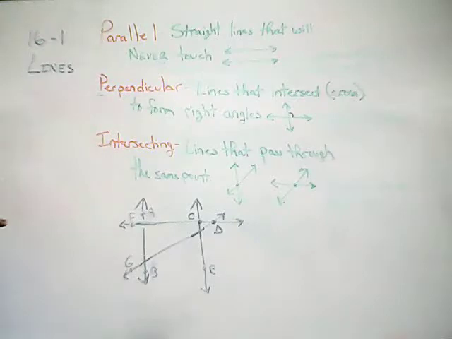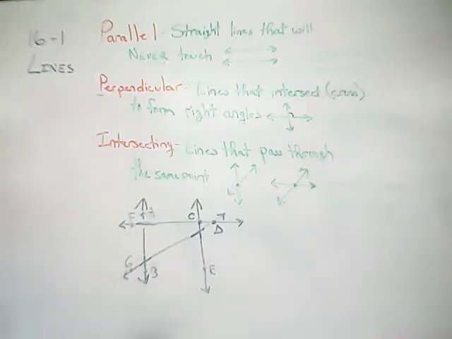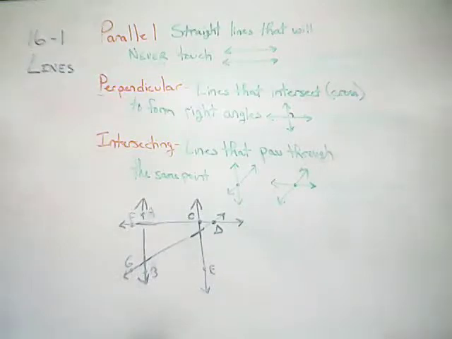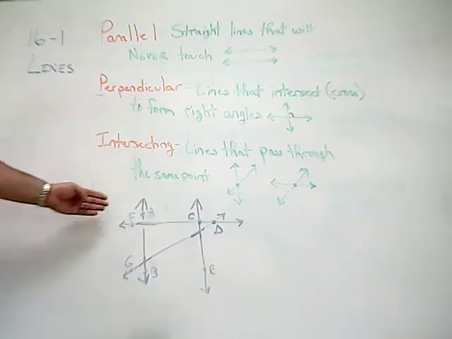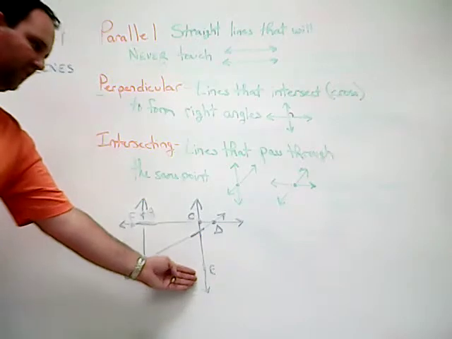So what I have here is a diagram to help us find each type of line. I have a diagram labeled A through G. And what I'd like to do now is find two parallel lines on my diagram. So I need to find two lines that will continue on forever but never ever touch. And when I do that, I see that this line here is vertical, and this line here is vertical.